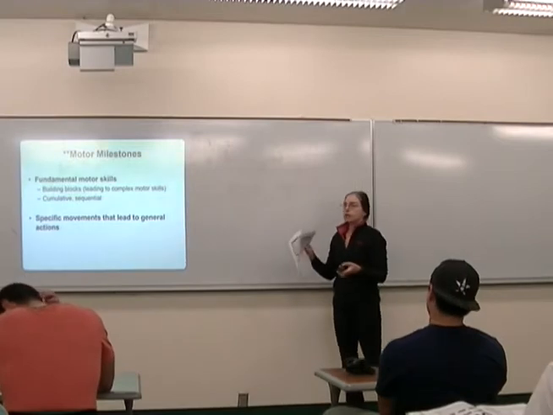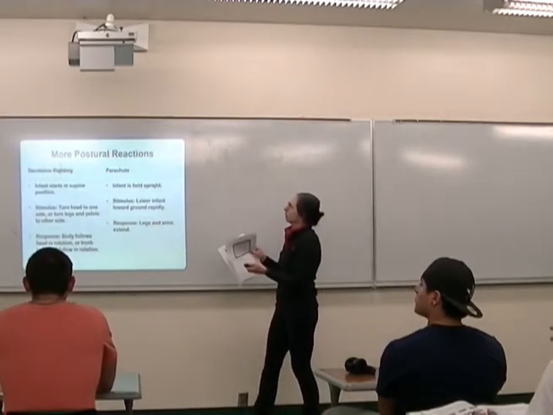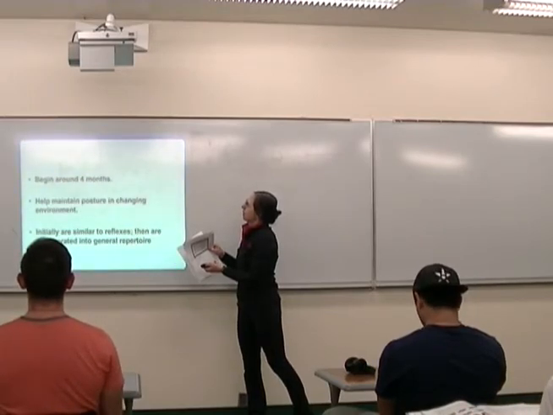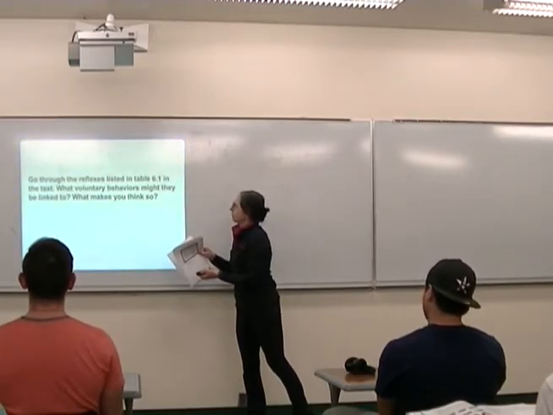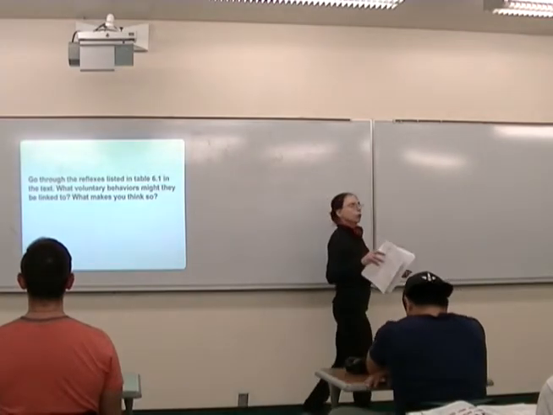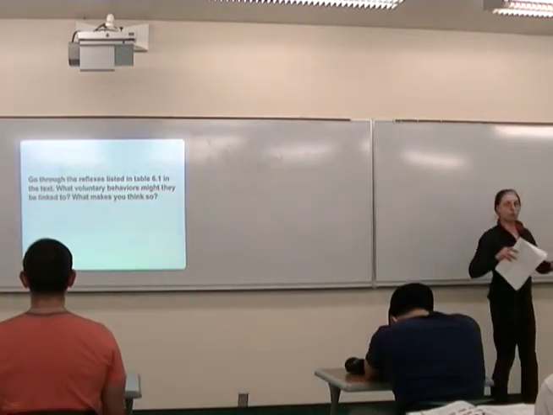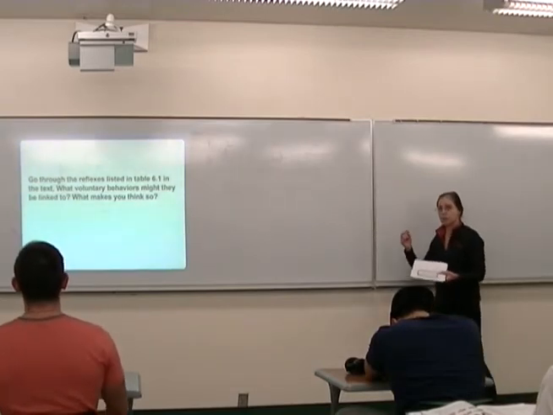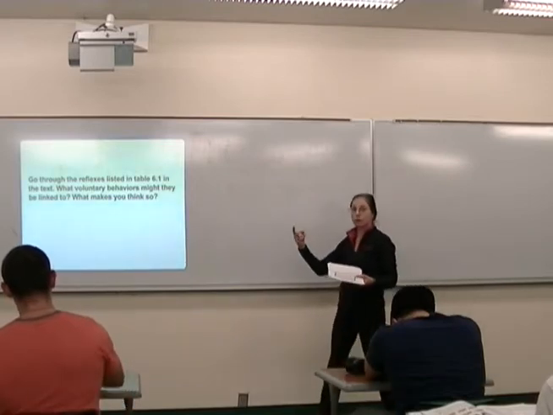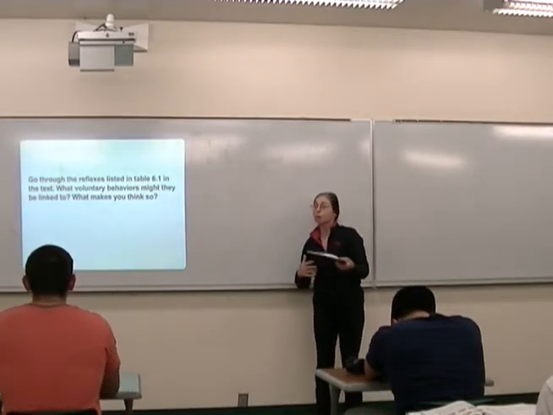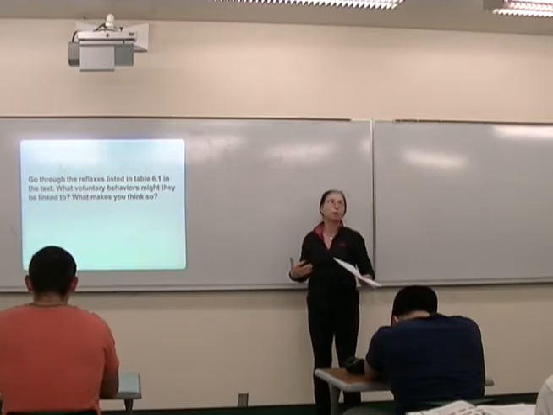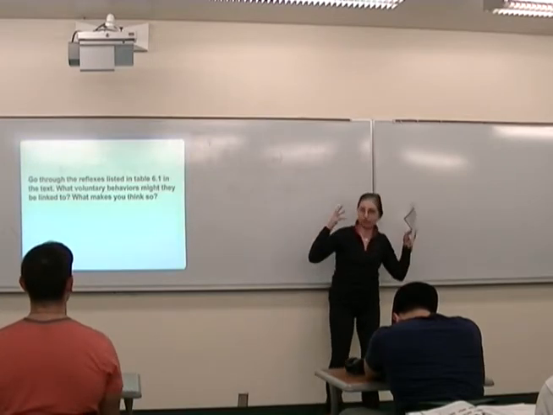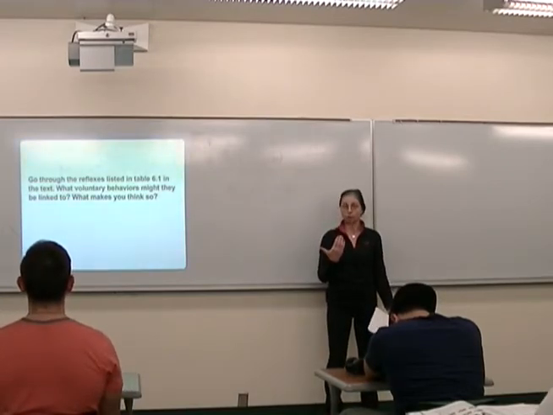So what we see, let me go back with the locomotor one. What we see with the postural reflexes then are all reflexes that appear to help the brain learn. Posture is an interesting topic, and later in the chapter we'll look a little bit more at posture, because when you first stand up, there's a lot going on here that you've got to learn to control in order to stand up.